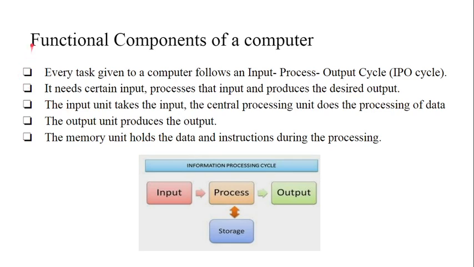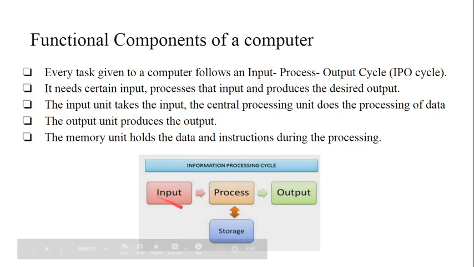Now let us see what are the functional components of a computer. How the computer functions. So every task given to the computer follows an input process output cycle, that is IPO cycle. Input process output. It needs certain input and it processes that input and produces the desired output.